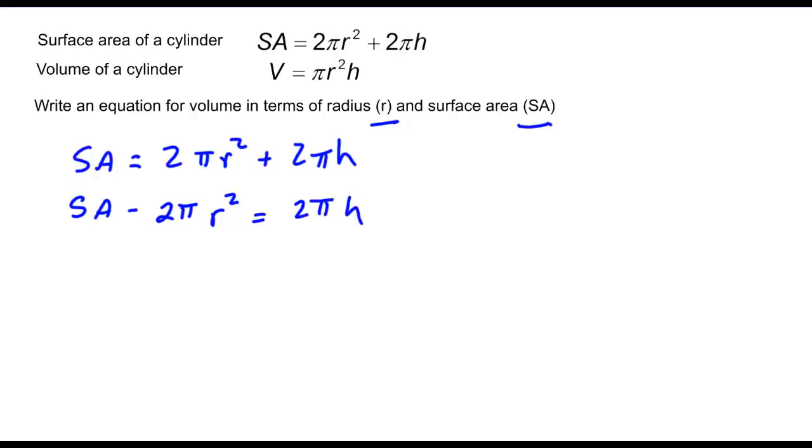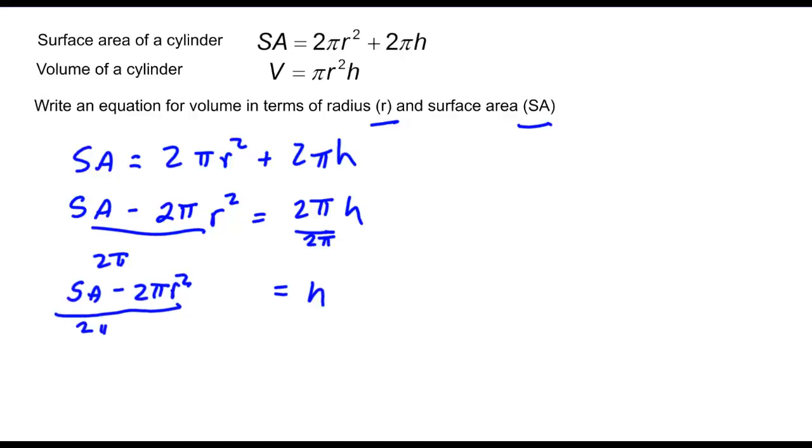Now I need to isolate h, so I'll divide both sides by 2 pi. Thus, I've got h equaling the surface area minus 2 pi r squared over 2 pi.